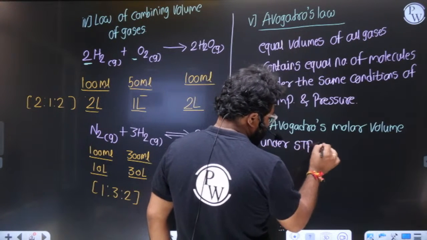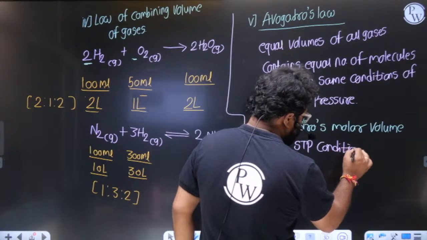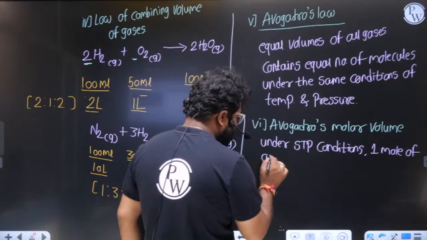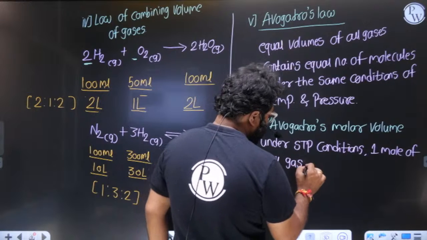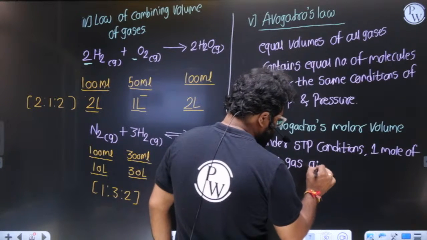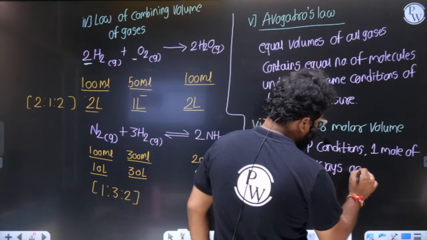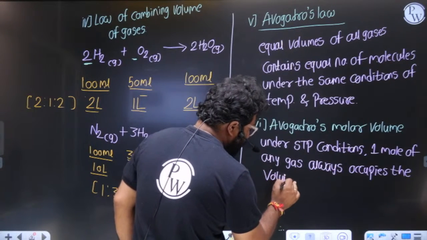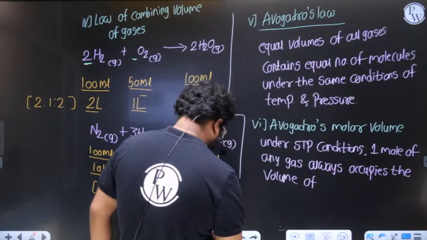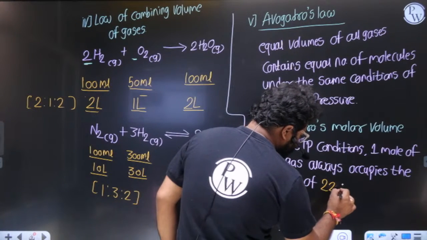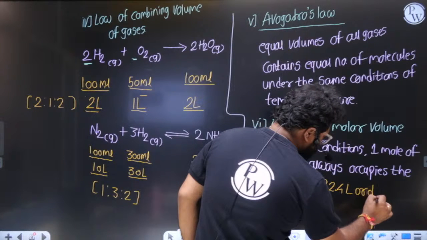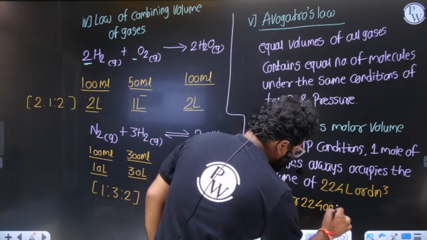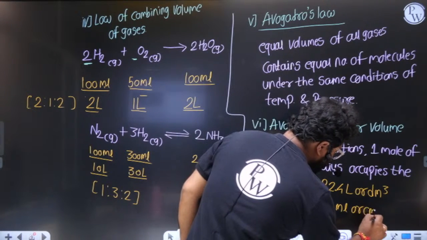Under STP conditions, 1 mole of any gas always occupies the volume of 22.4 liters or decimeter cube, or you can make it 22,400 milliliter or centimeter cube.